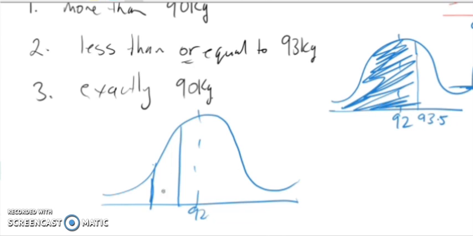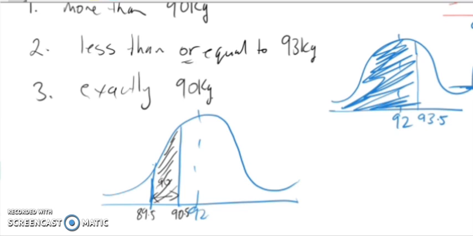So we are now looking at numbers. If that band is 90, then we could be looking at 89.5 and 90.5. And that is the area that we're looking for.